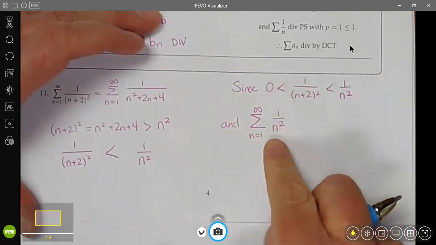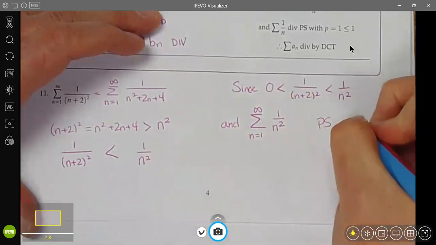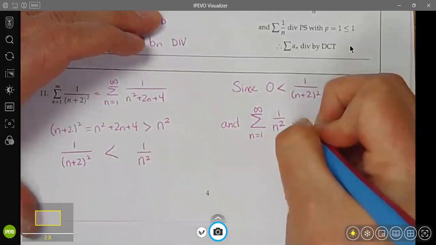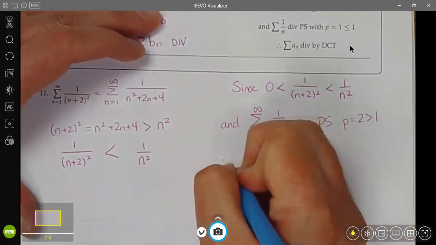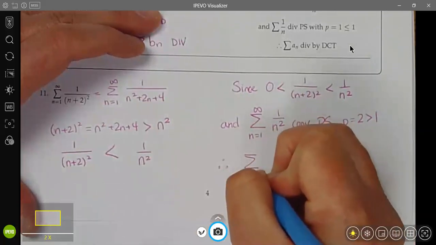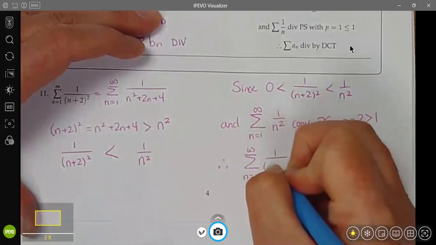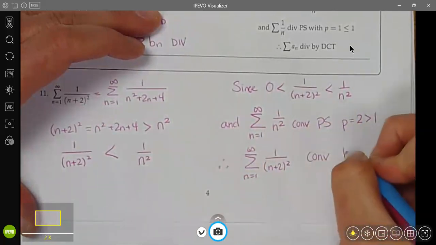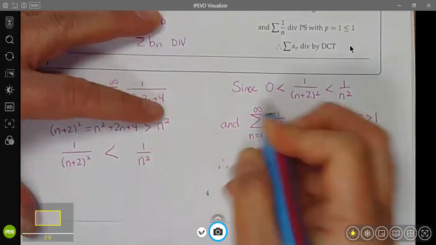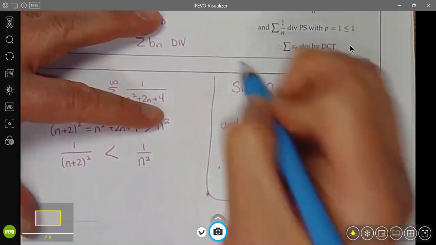This is a p series. P is equal to 2, which is greater than 1. So this is a convergent p series. Therefore, my original series, n equals 1 to infinity of 1 over the quantity n plus 2 squared, converges by DCT. So this is what your write-up should look like.